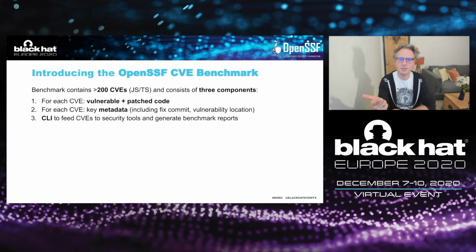For each of those CVEs, we have metadata, most importantly, the fix commit and the exact code locations where we would expect a tool to flag up an alert or a vulnerability. And 3, we have tooling, or a CLI, to feed those CVEs to the security tools and then generate a report on how well these tools did.